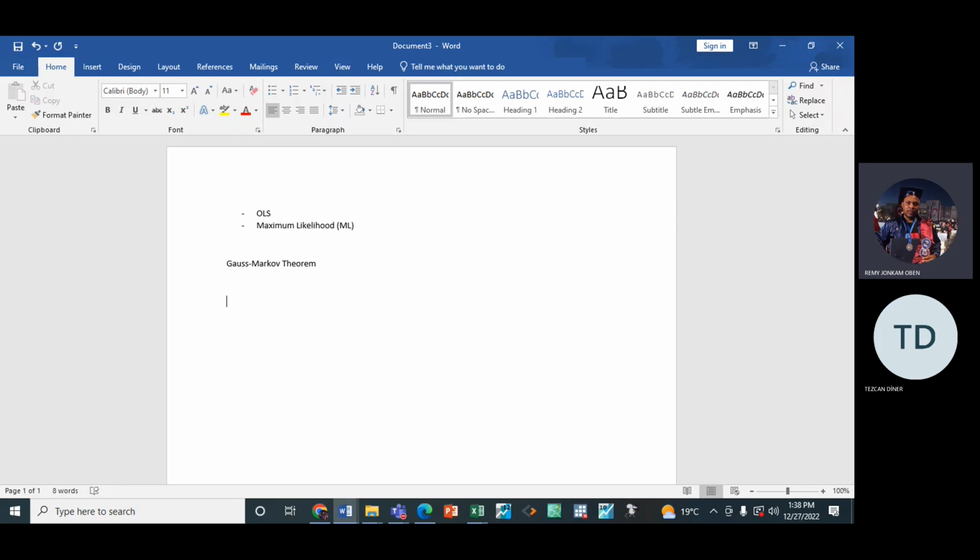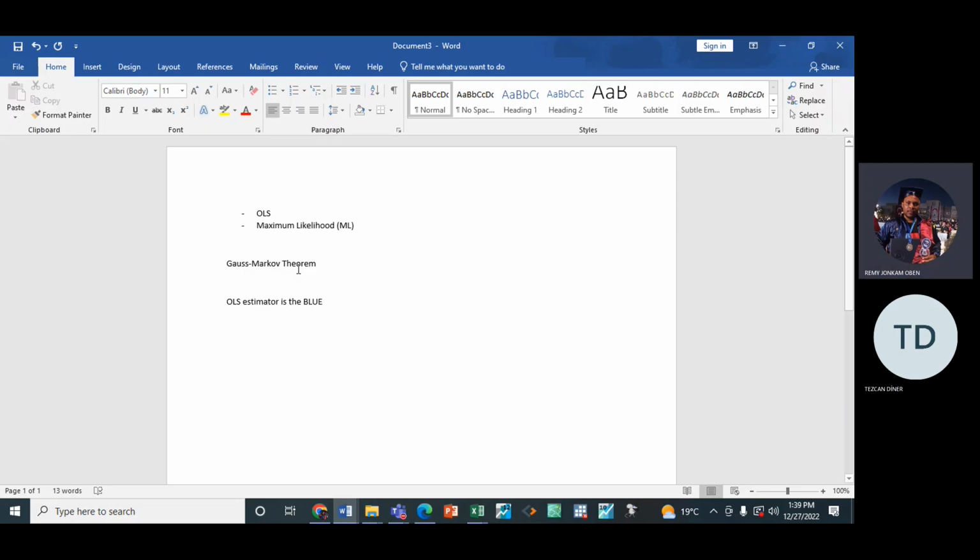It means that the ordinary least squares estimator is the best linear unbiased estimator. You know what BLUE means, right? But the OLS estimator will only be BLUE if these assumptions hold. If at least one of these assumptions is violated, then the OLS estimator is no longer BLUE.